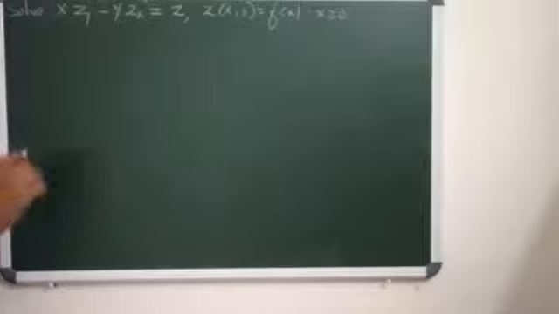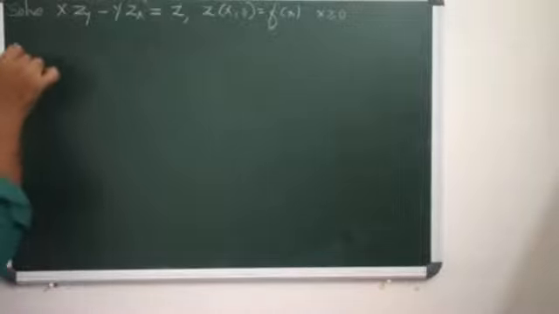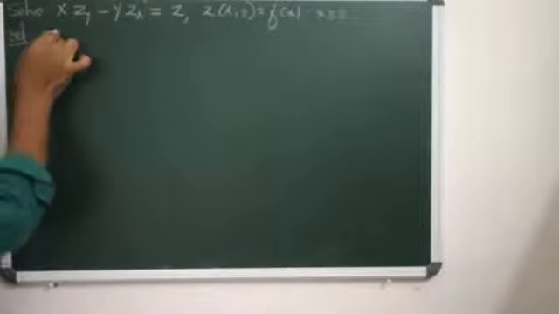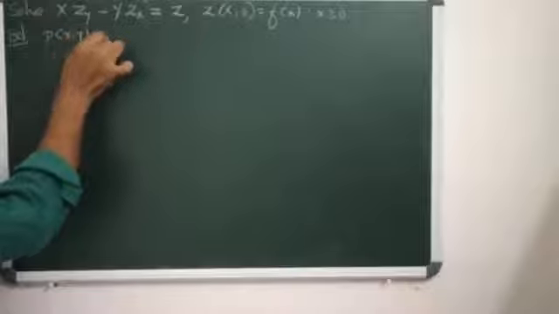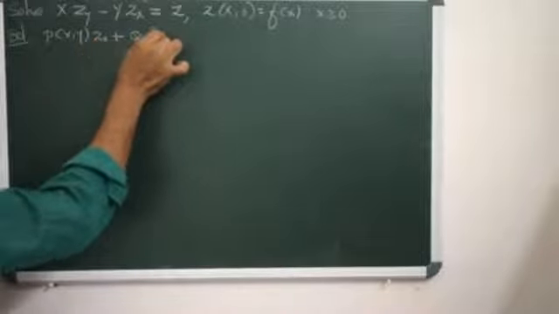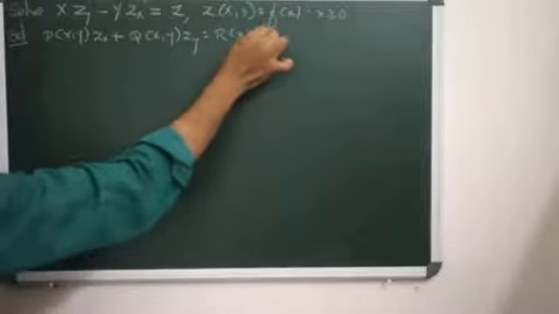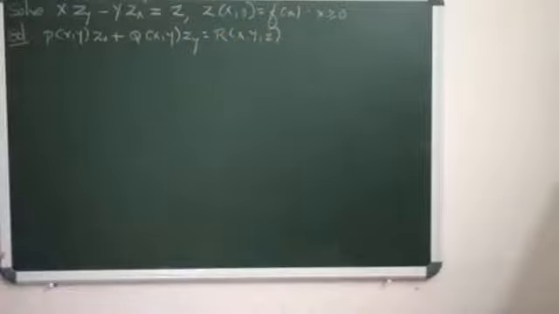Okay. So in order to solve this semi-linear equation, first compare it with the standard semi-linear equation. The standard semi-linear equation is p(x,y) z_x plus q(x,y) z_y equals r(x,y,z).